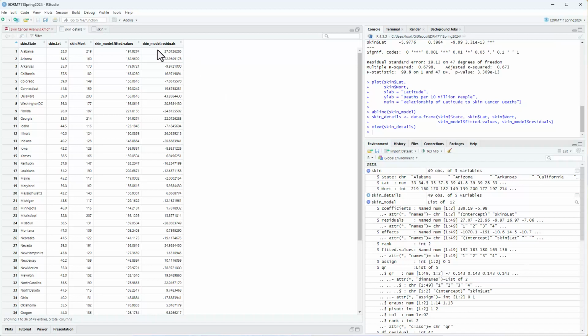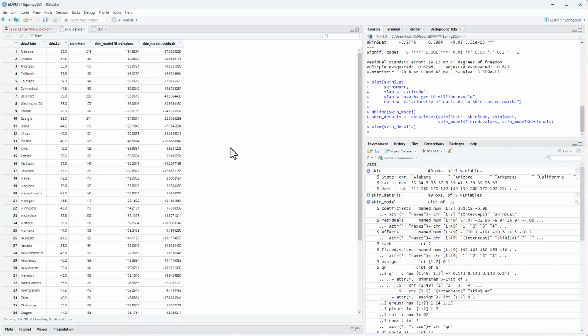And so we're off by 27. That's our residual. And so you can see that some states have higher residuals. Here's one here with a residual of 43, Delaware. Okay, Delaware, we actually have mortality of 200, which is substantially above what we'd predict. And so it has a large residual.